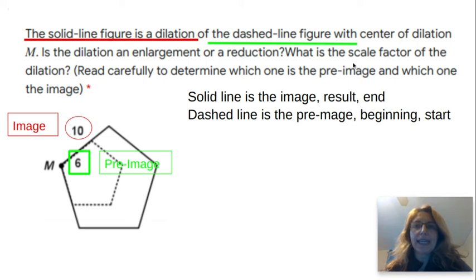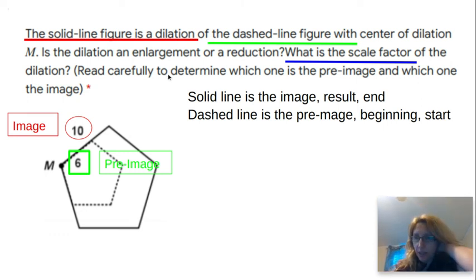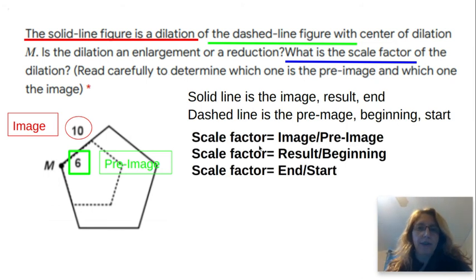What is the scale factor? And that's where most people made the mistake here of the dilation. I did give you a hint here to read carefully and determine which one is the image and the pre-image, but still many people didn't get this one. How do we find scale factor? The scale factor, you divide. Some of you subtracted.